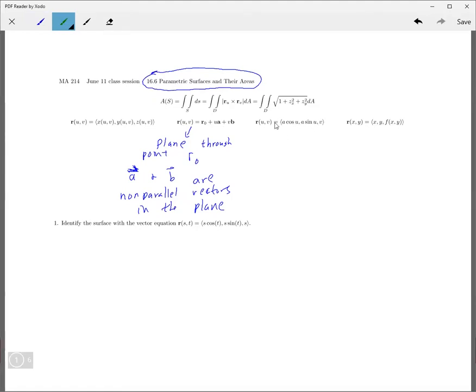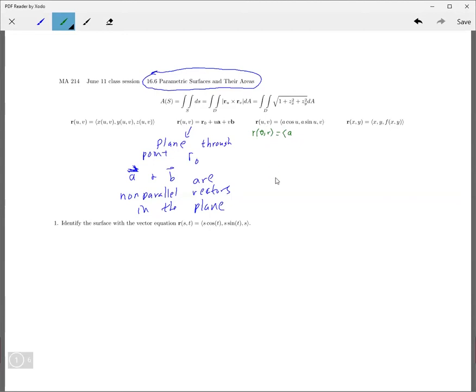Okay, the second one, what do you think this one is? Now, this could also be written as theta, comma, r. So the u and the v is not necessarily... wait a minute, r, maybe something else.